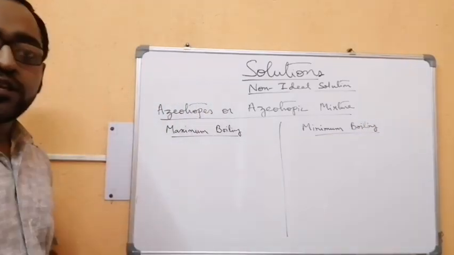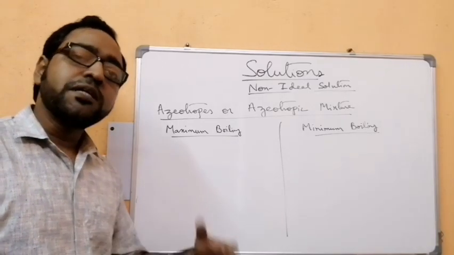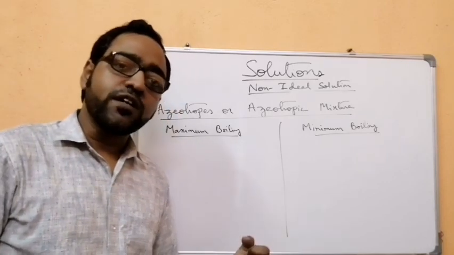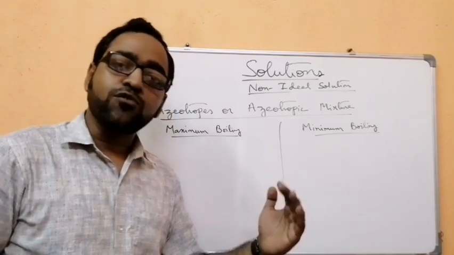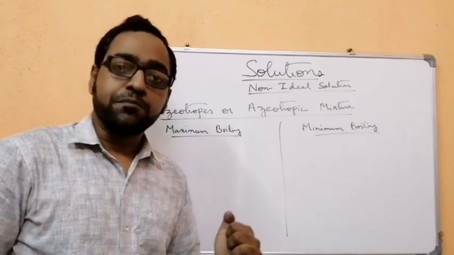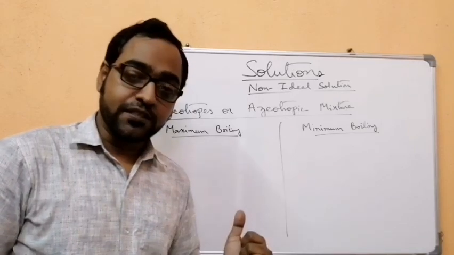Now, maximum boiling and minimum boiling, what does it mean? Now, what is meant by boiling point? The definition of boiling point is the temperature at which the vapor pressure of the solution reaches atmospheric pressure.